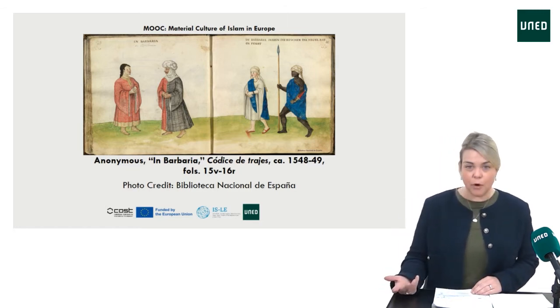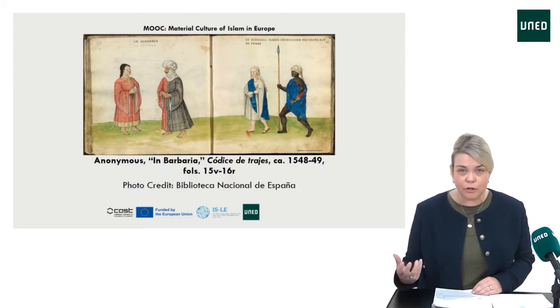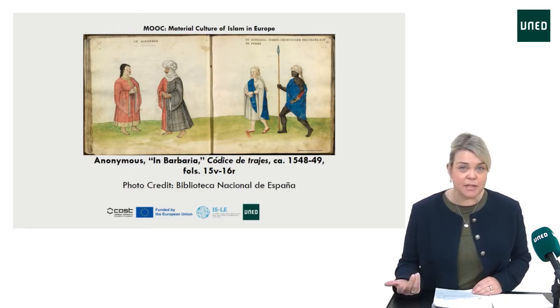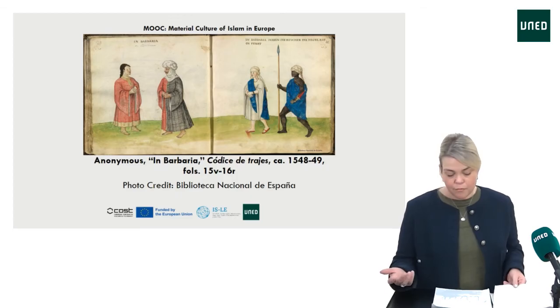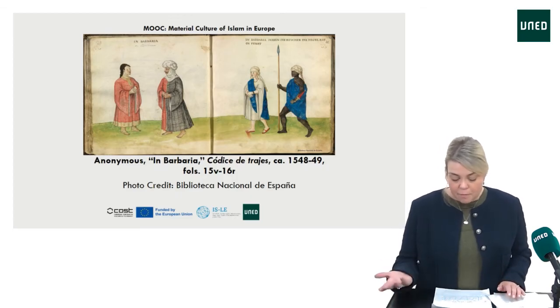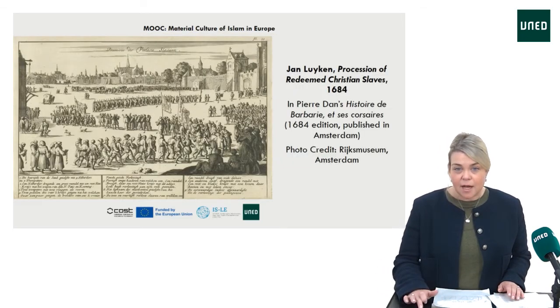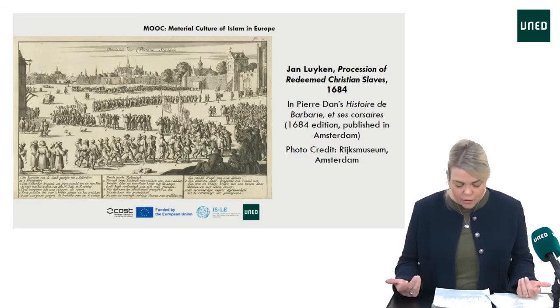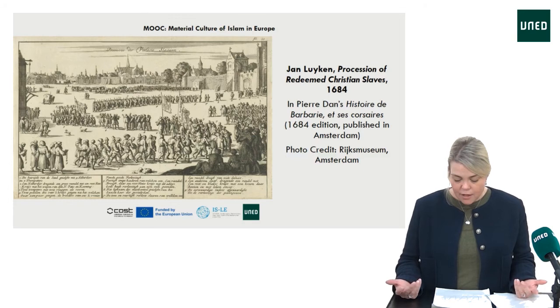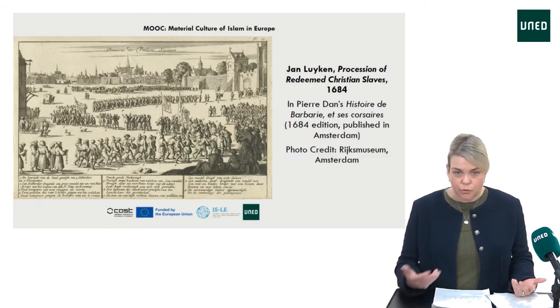Before I talk a little bit more about this specific example, her dress, and the materials of captivity, I want to think for just a moment about how captives also presented themselves visually when they returned from the Muslim Mediterranean to Spain, for example. They publicly enacted processions, and in these processions and ceremonies, many of them were required to take part.